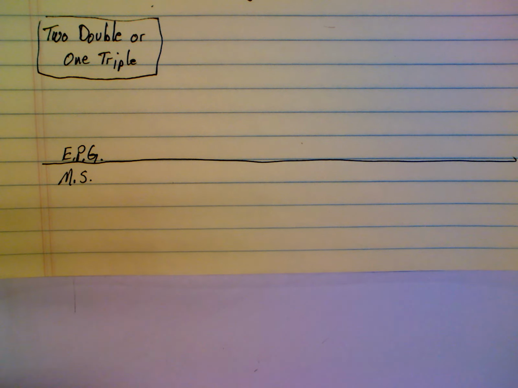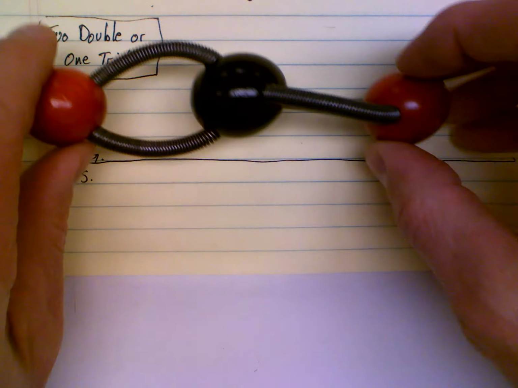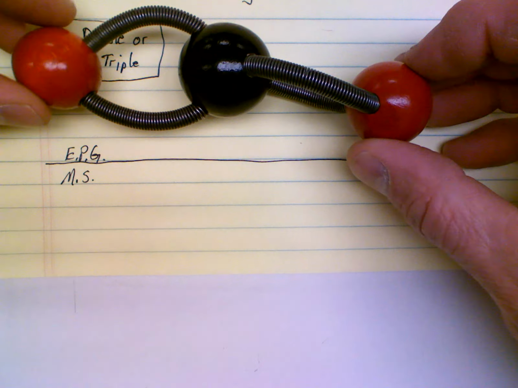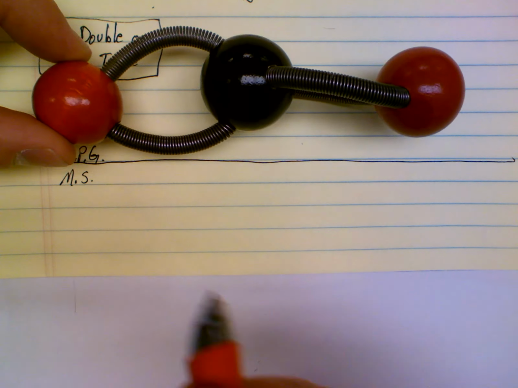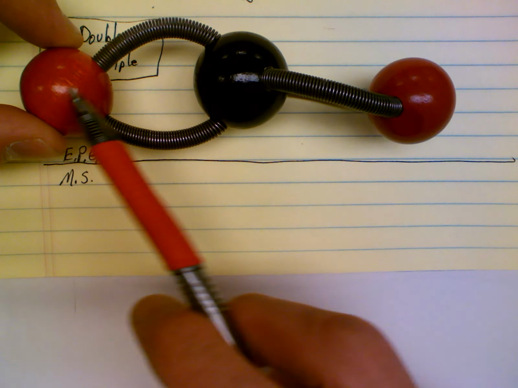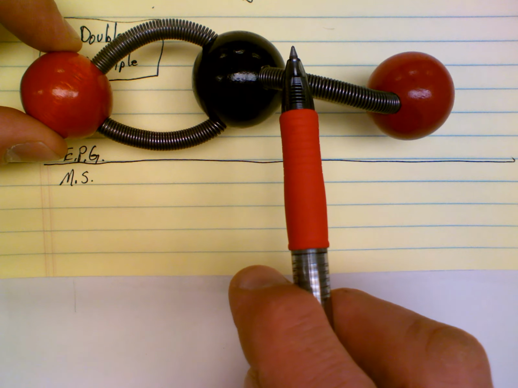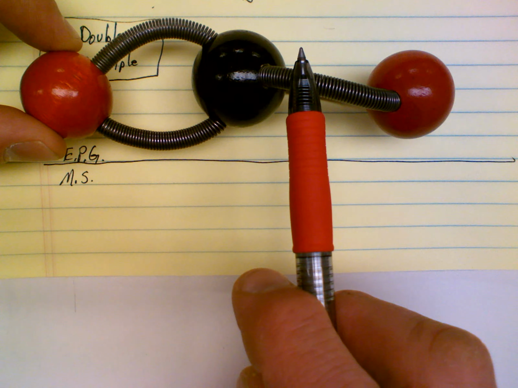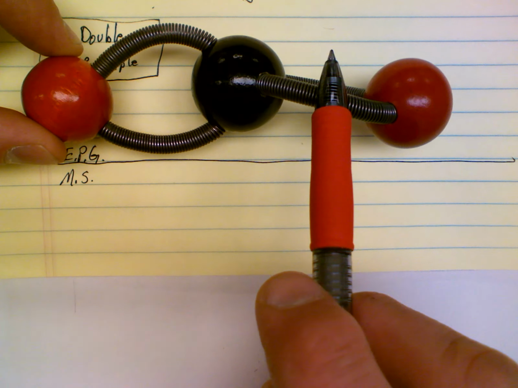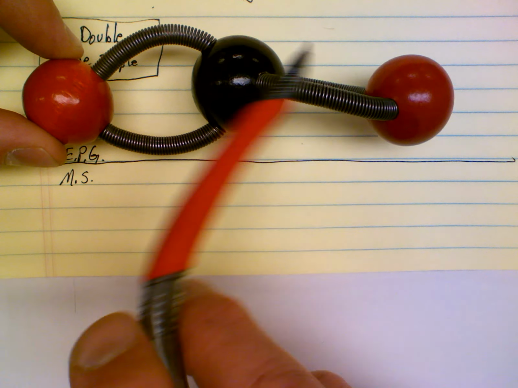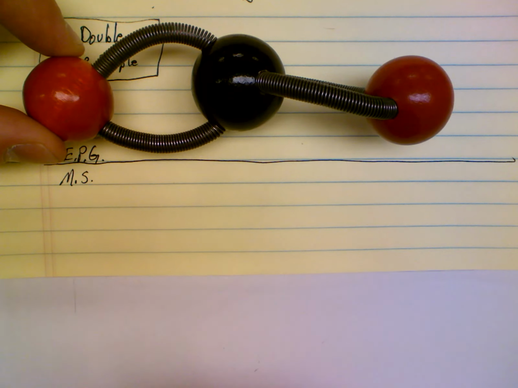So, for example, if I had something like carbon dioxide, I'd have the oxygen here, carbon in the middle, and oxygen over here. Because of the two double bonds, those electron pairs are going to repel each other, and the furthest they can get from each other would be 180 degrees.